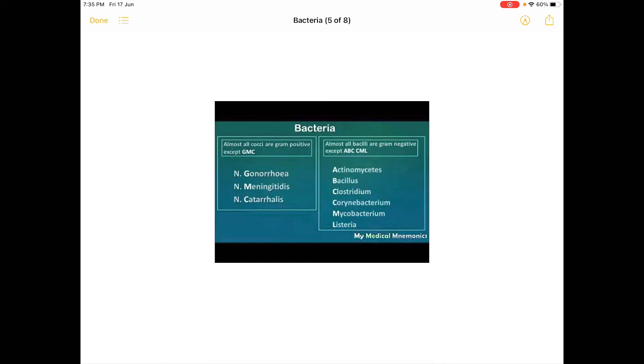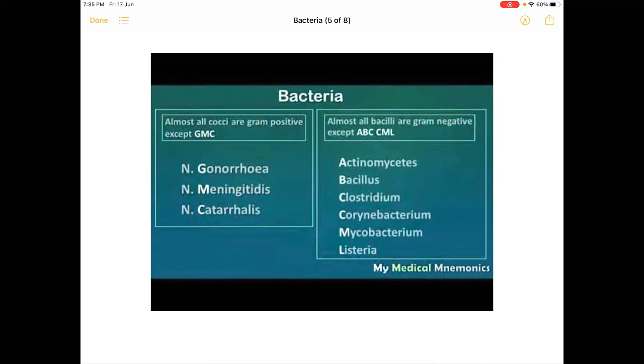From this mnemonic, we can differentiate which one is gram positive and which one is gram negative. Almost all cocci are gram positive except GMC. You should note that gonorrhea, meningitis and catarrhalis are gram negative, whereas all bacilli are gram negative except ABC CML.